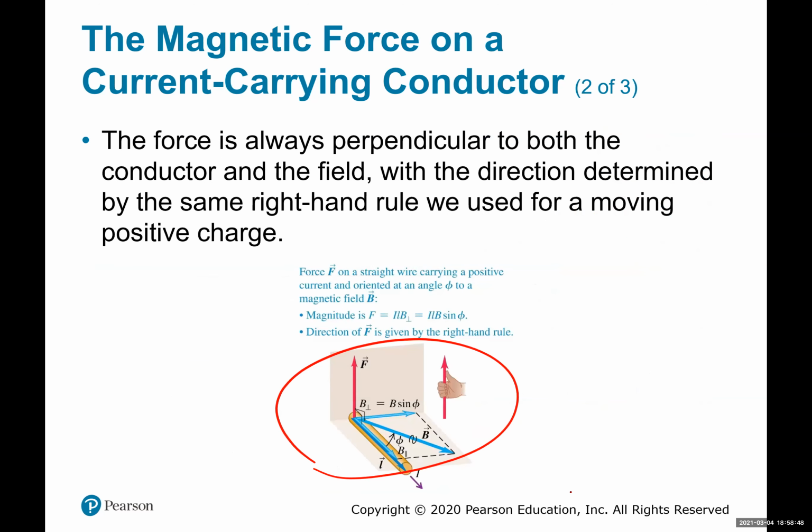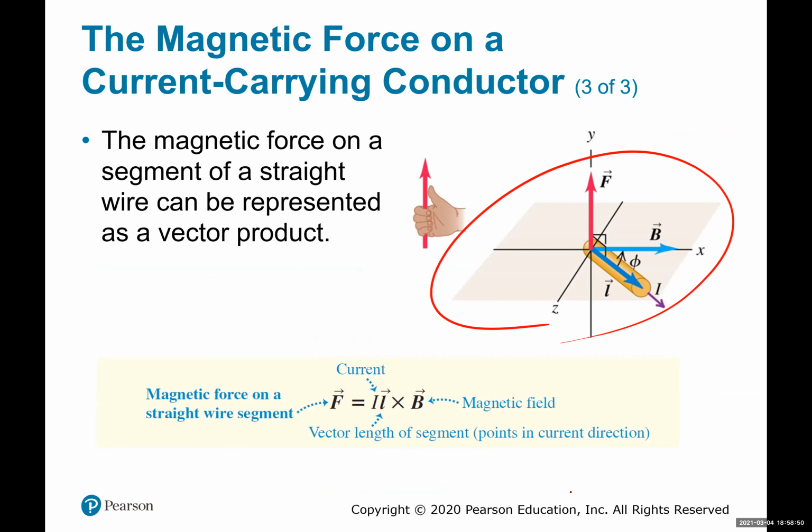All right. It's a cross product, so it works just like all the other cross products. We orient our fingers in the direction of L, we curl them into the direction of B without breaking our knuckles, and our thumb points in the direction of force. And this trick works, by the way, no matter which direction we're thinking about for current.